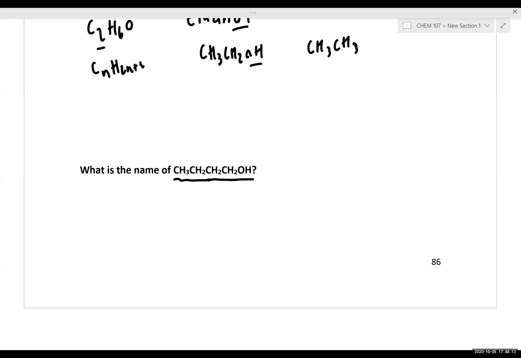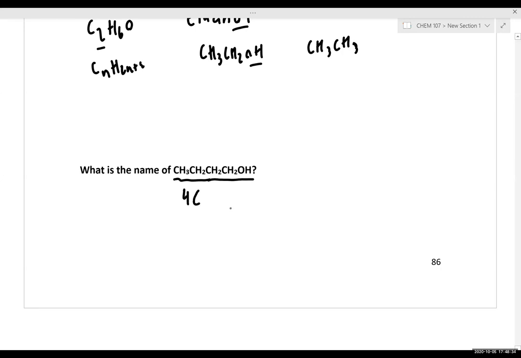Professor, I'm kind of confused. What do we do with the H again? What do we do with the H or the OH? Could you elaborate on that? So I know the first step would be counting the carbons. Yep. And then we count the hydrogens next. Yep.